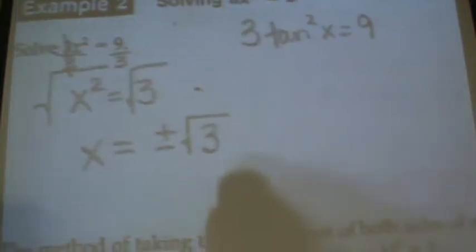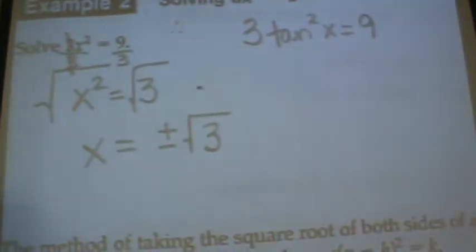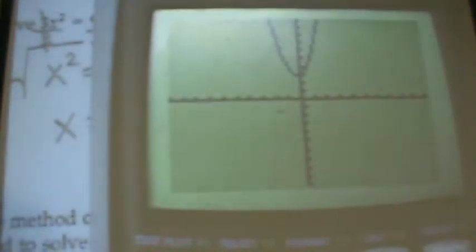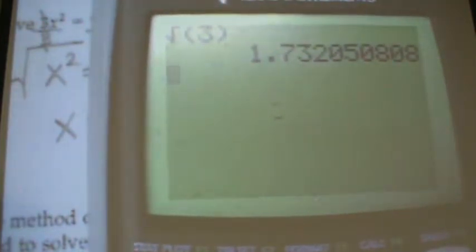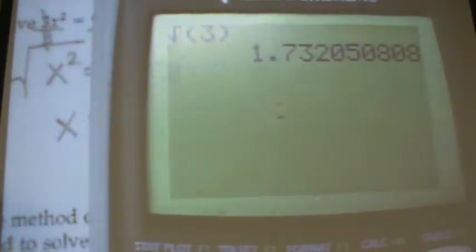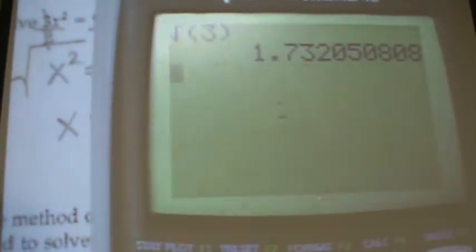Now, what is this plus or minus root 3? Well, the square root of 3 is approximately 1.73, and the negative square root is going to be negative 1.73. So these are estimated answers.